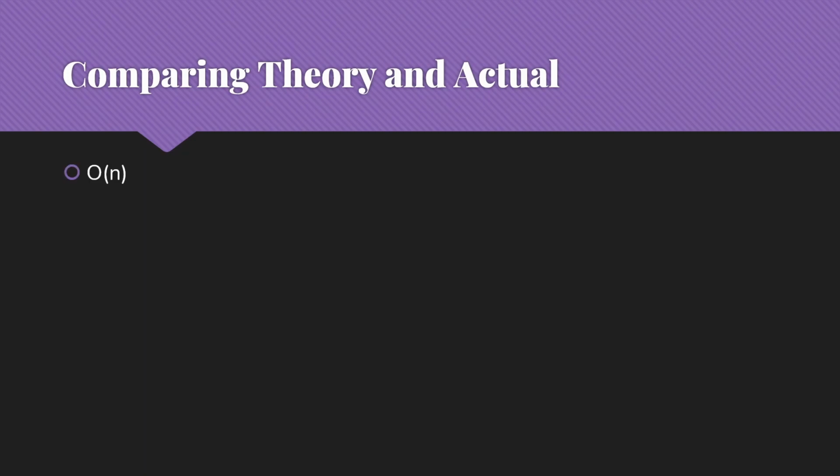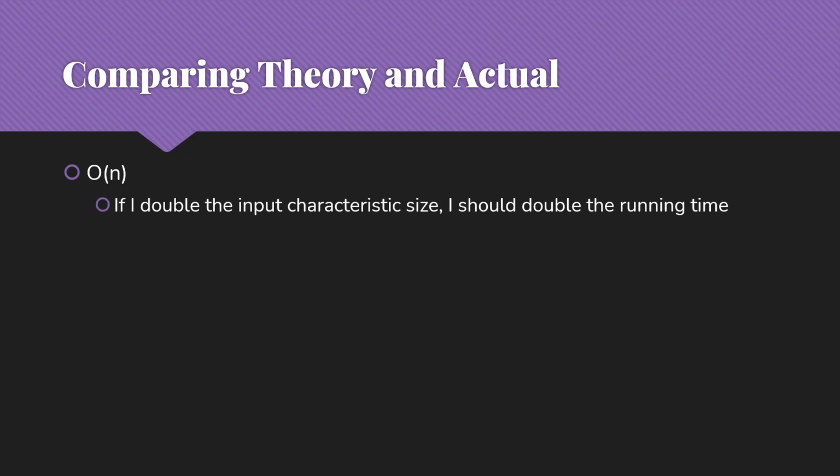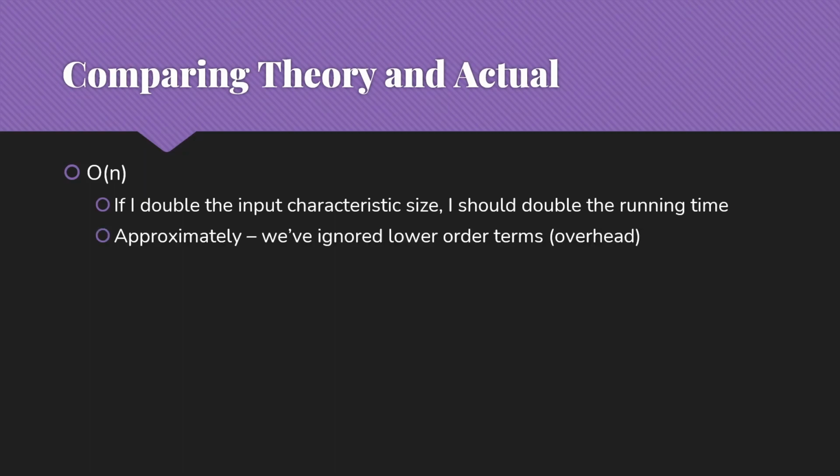If our theory says big O of n, then if I double the input characteristic size, I should double the running time. If I try to compute a factorial for double the size of a number, I should double the running time because it's big O of n. And so I can look at the running times and see if that's the behavior that I'm getting.